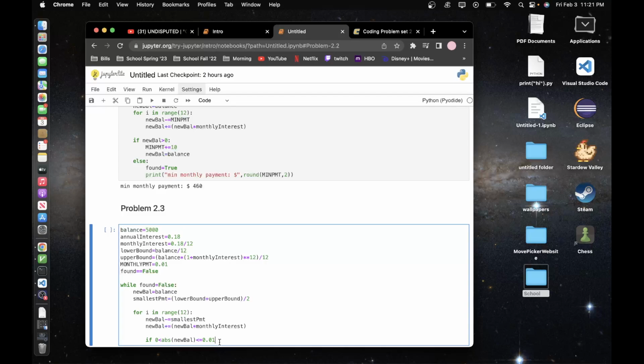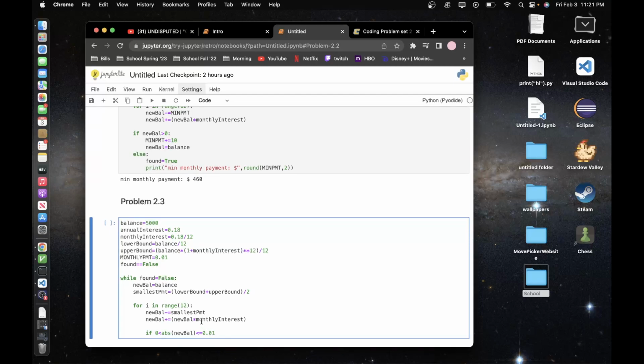Ooh, is that right though? Yeah, I'm having trouble with bisection search here.